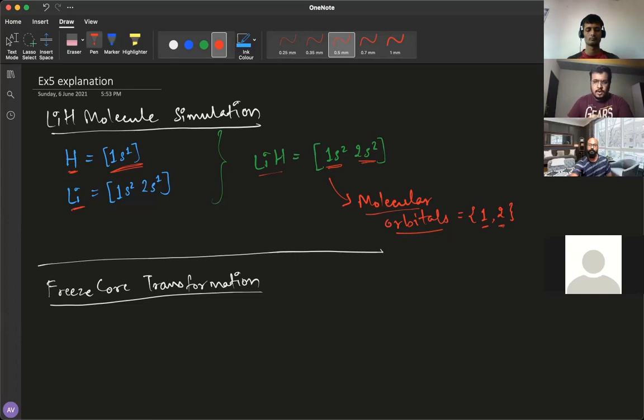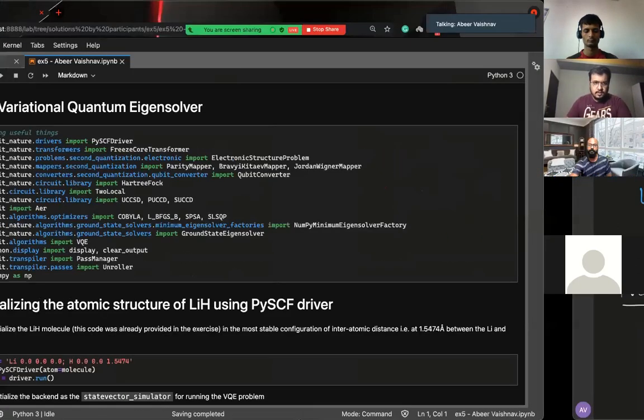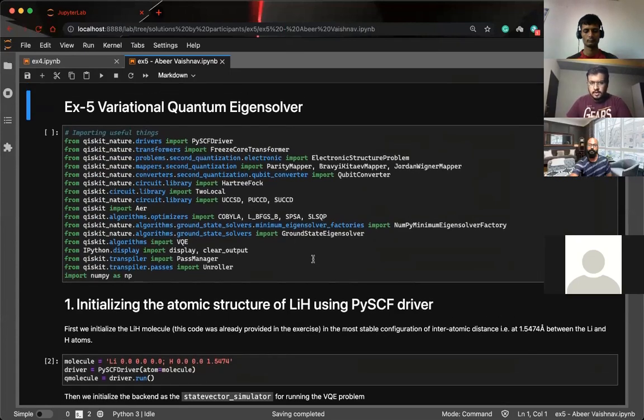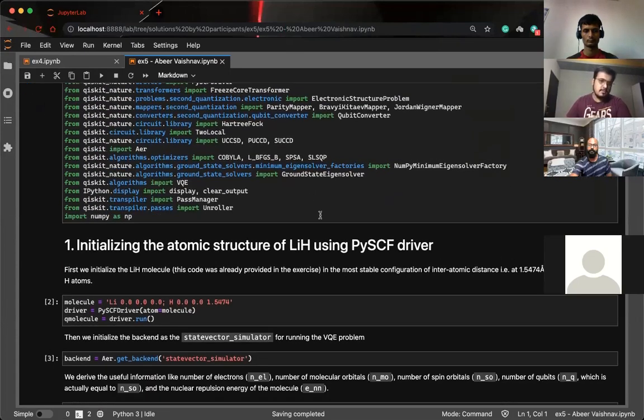Since we are only talking about the ground state of the molecule, we can be rest assured that we will only be using these two molecular orbitals, and we won't use 3, 4, 5, 6 and so on. This was one important thing that I noticed during the challenge.